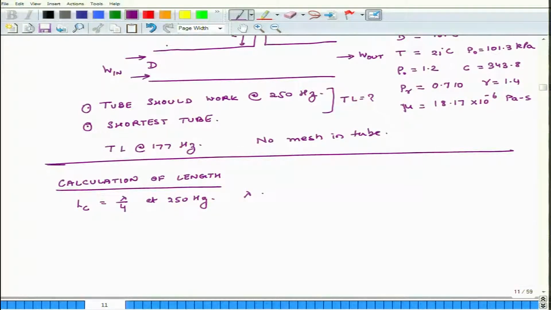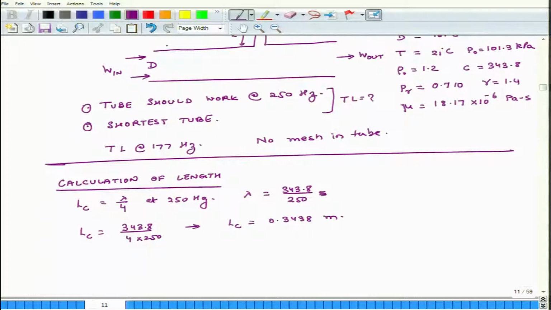Lambda at 250 hertz is the velocity of sound, 343.8, divided by 250. So, LC equals 343.8 divided by 4 times 250, which gives LC equals 0.3438 meters.